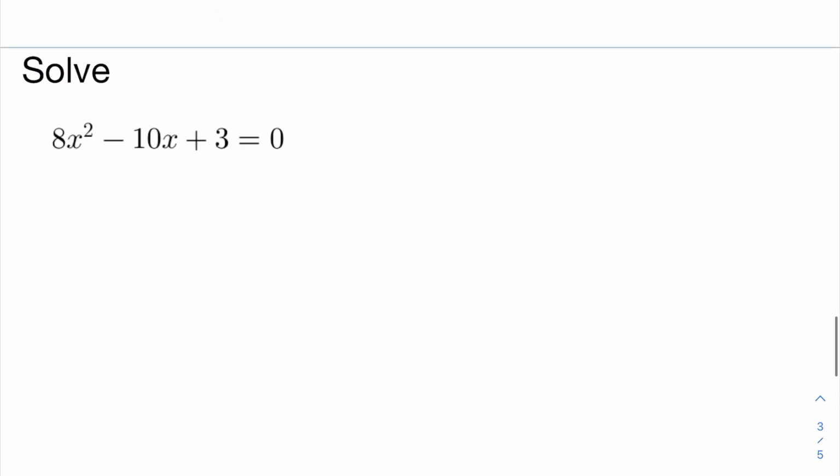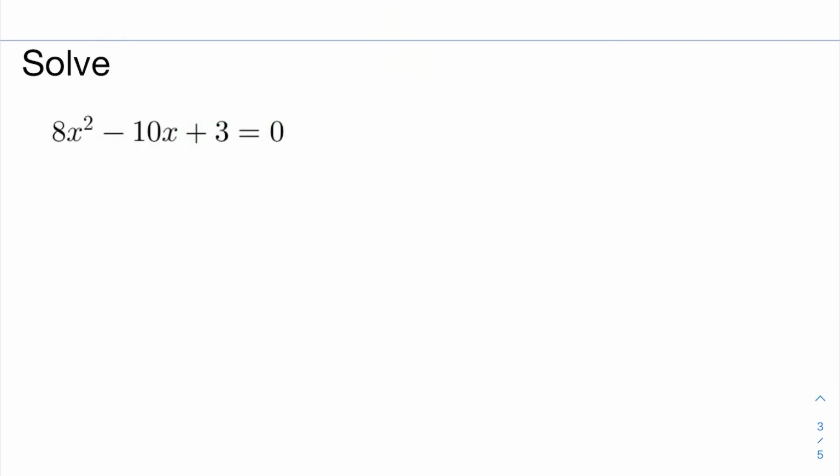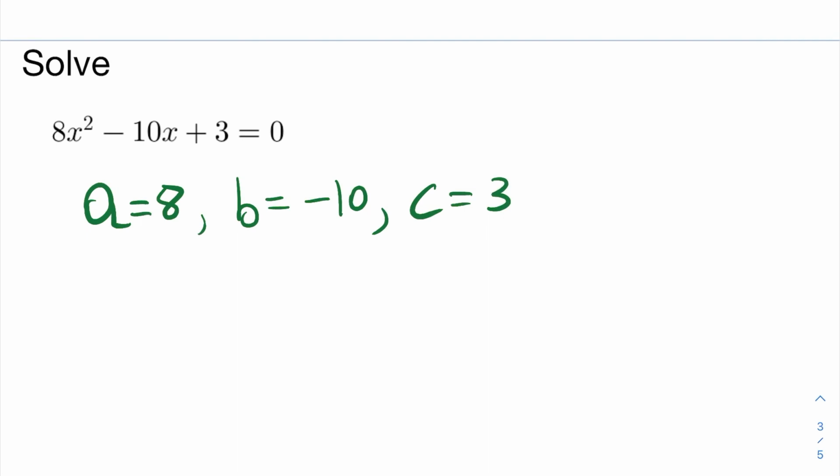Alright, last one. This one is also already in standard form. So I can identify A as being 8, B as being -10, and C as being 3.